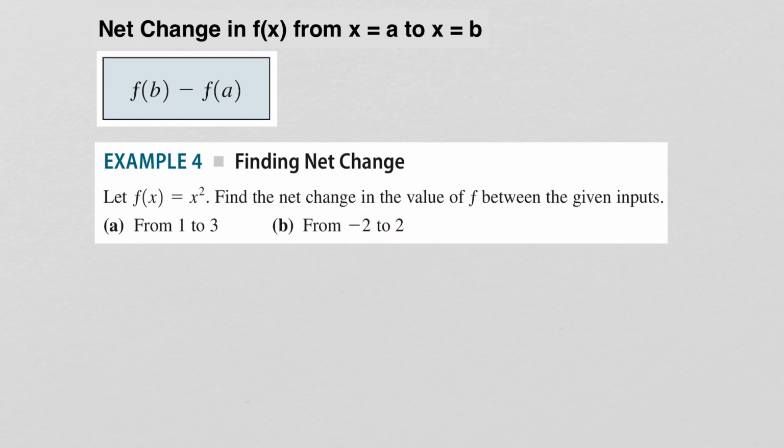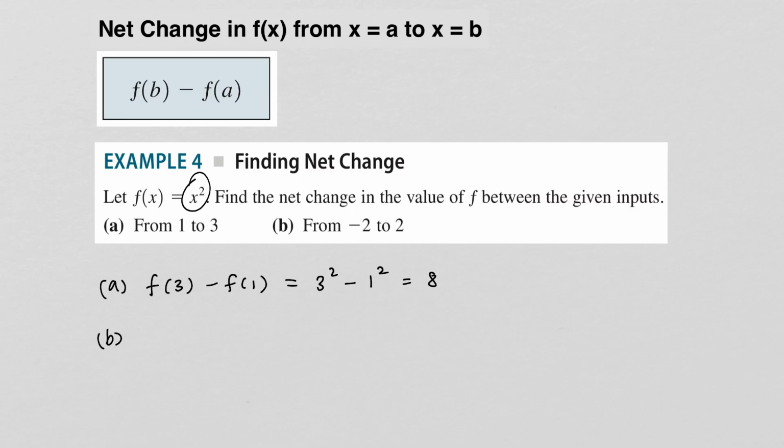So according to the definition here for part A, the net change from 1 to 3 is simply going to be f of 3 minus f of 1. Now, f of 3 is just 3 squared, and f of 1 is just 1 squared. And so this is 9 minus 1, which is 8.